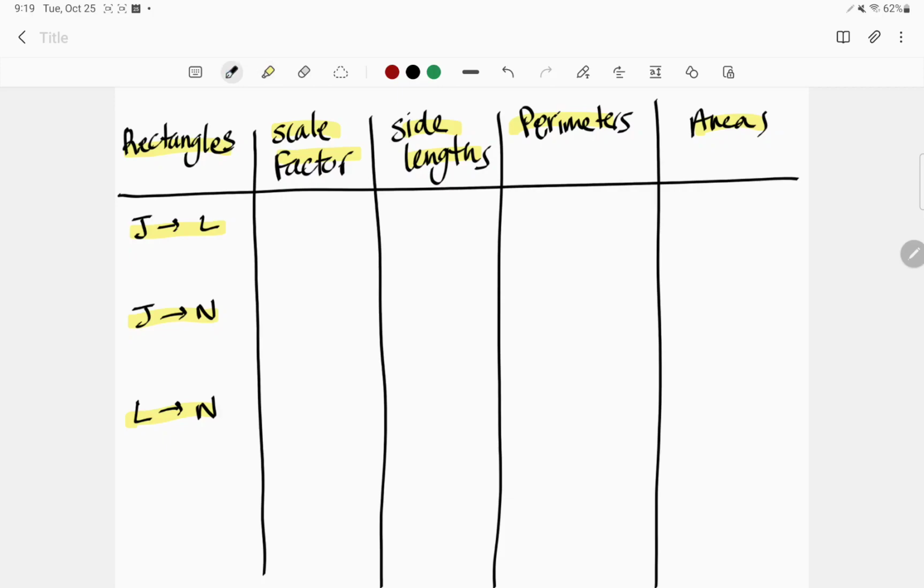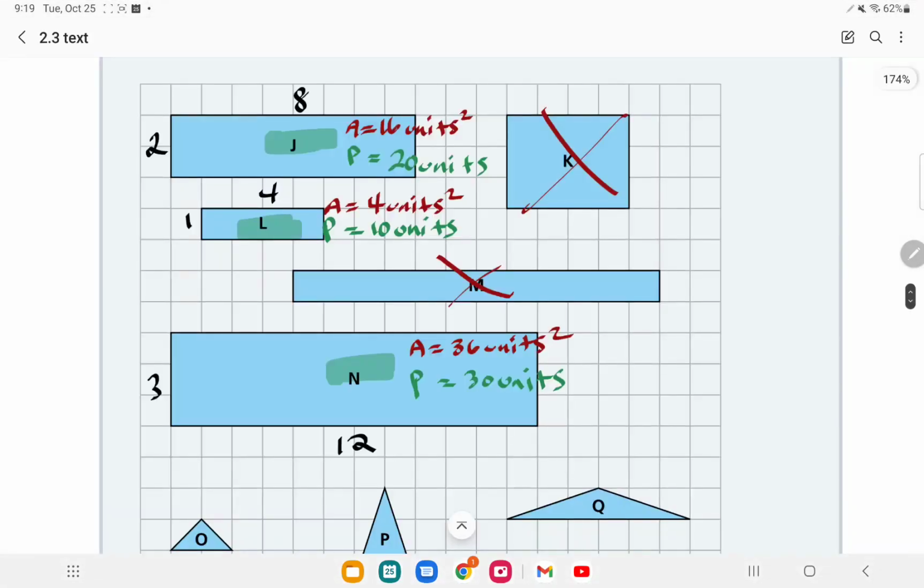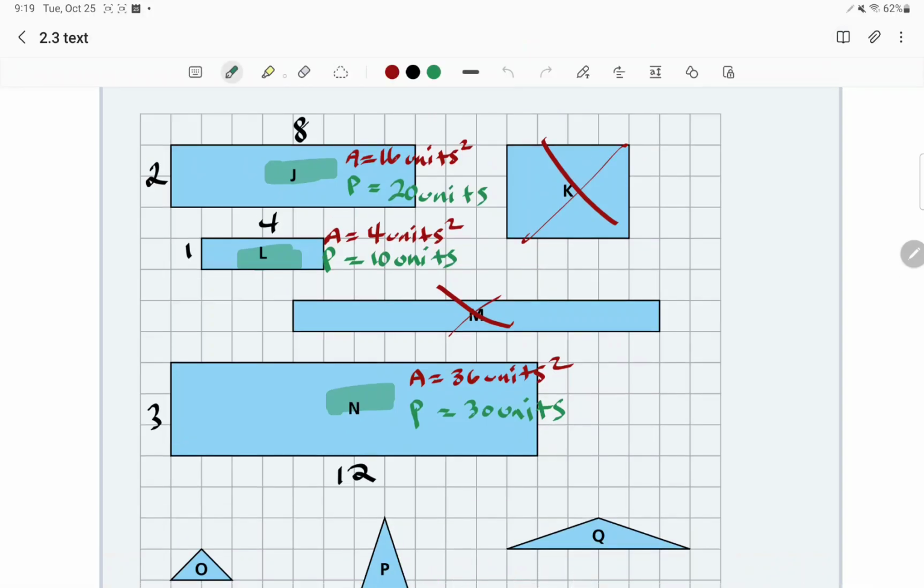Now, when we're looking at the scale factor from J to L, if we take a look back at this picture right here, we are looking from, for example, 8 to 4. Those are corresponding sides. Remember, scale factor is always the multiplier.